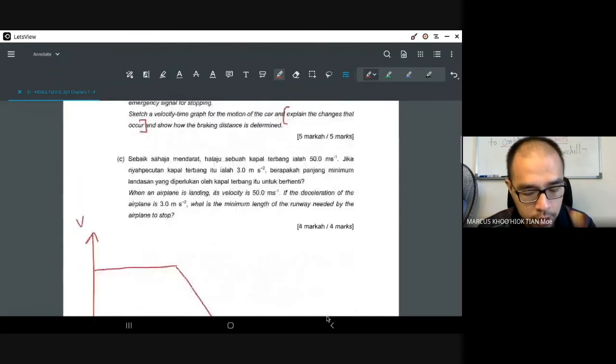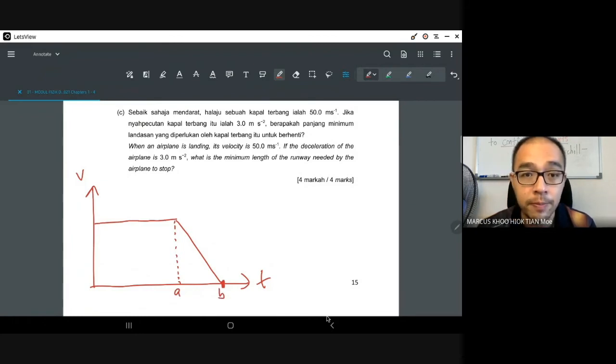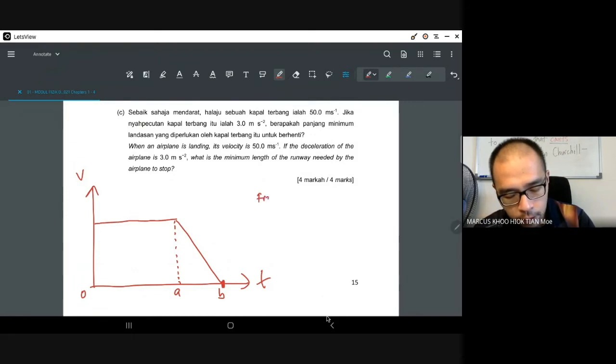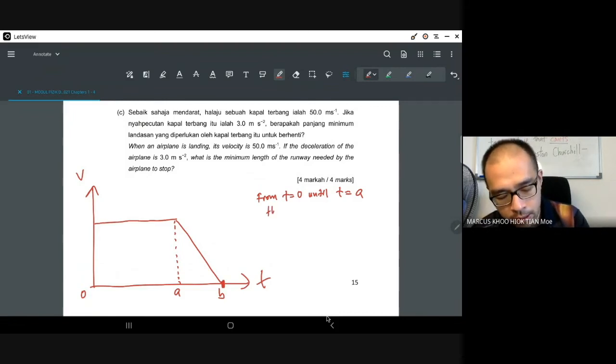So I would suggest that when you want to do something, you divide it into two parts: divide into t is A and t is B. From t equals 0 until t equals A, whatever this time is, the car is moving with constant velocity.